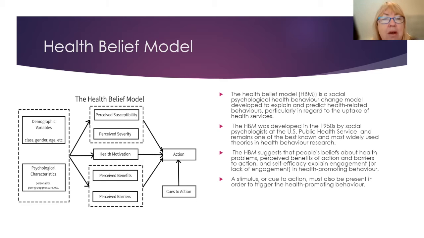So it's all about what they believe is correct. So it doesn't matter what you think is correct. This model says that people will only engage if they believe something is correct. And because of that, we might need a stimulus or a cue to get people's actions. So we'll talk about that a bit more in a minute.